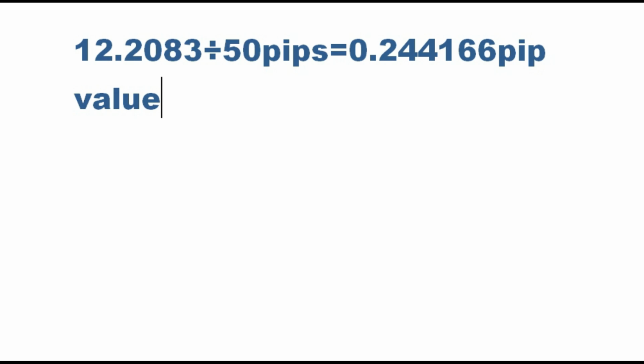After calculating the pip value, we calculate how much the position is going to be, and then we get the actual lot size.